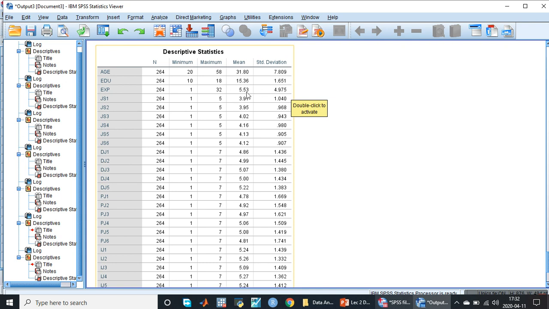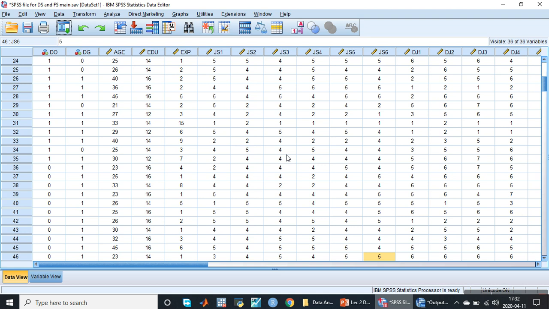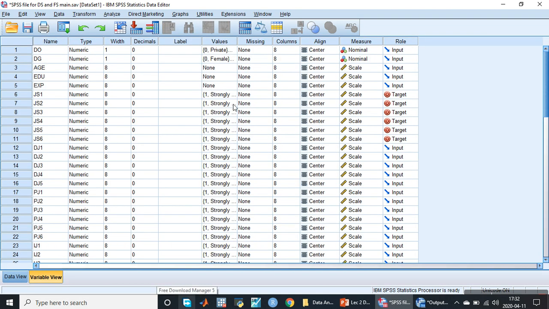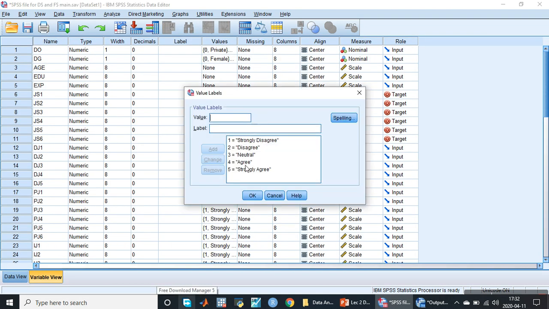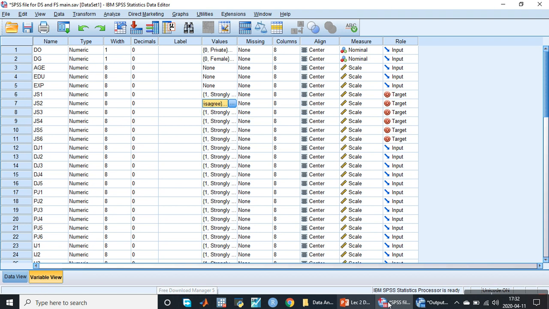For the respondents, the average experience of the employees who filled your questionnaire was 6 years, and most of the people were on the fourth scale. Here 4 means agreed. So most of the individuals were satisfied with the job.